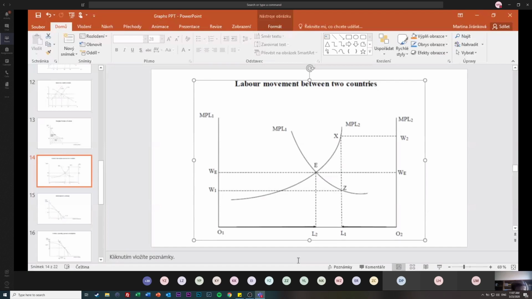2. So I will not read the text because it's the same. A, the increase of wage in the domestic country, true. B, the decrease of wage in the foreign country, true.